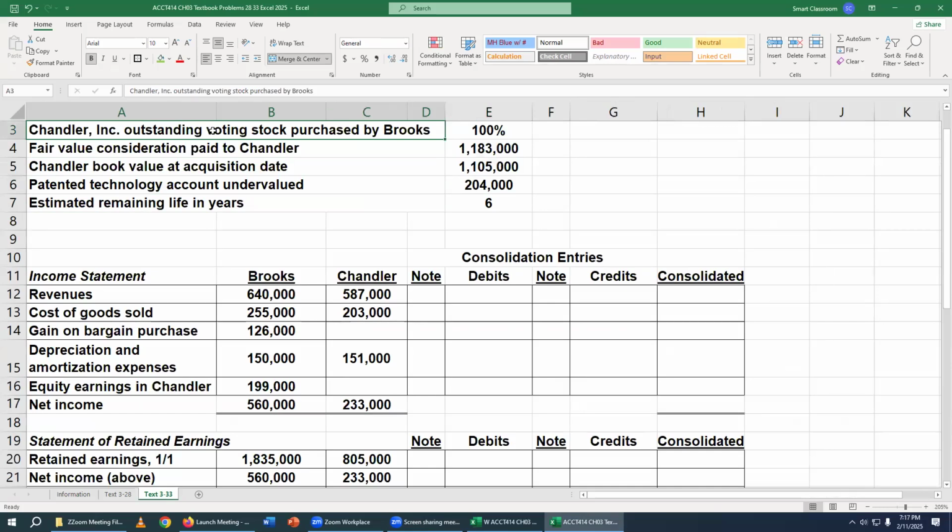Okay, let's take a look here. This is what was paid for it. Fair value consideration paid to Chandler. The book value was that.